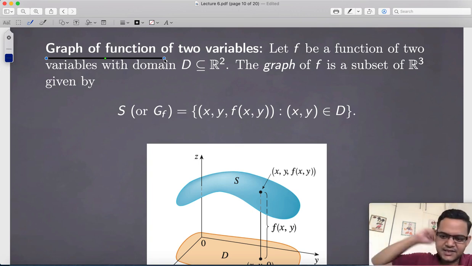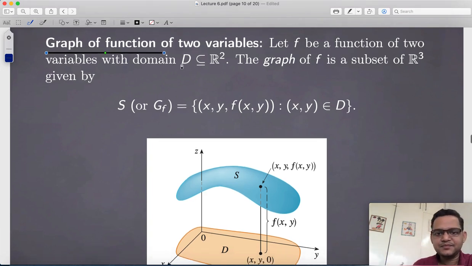You get a curve, correct? Similarly here, you take a function of 2 variables, let's say the domain is D, and its value is a real number. The graph of f is going to be a subset of R3. The first 2 coordinates are the coordinates from the domain, and the third coordinate is the value.